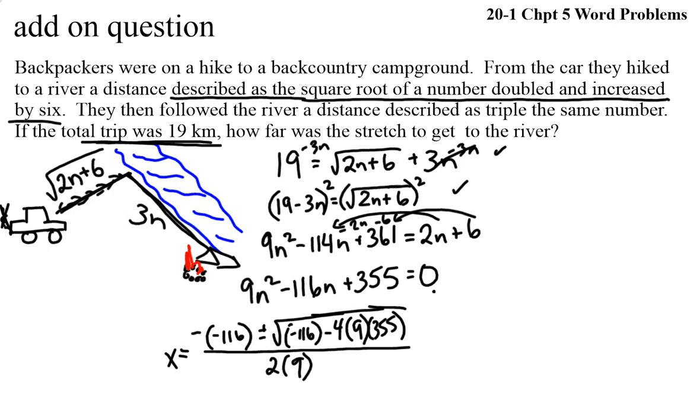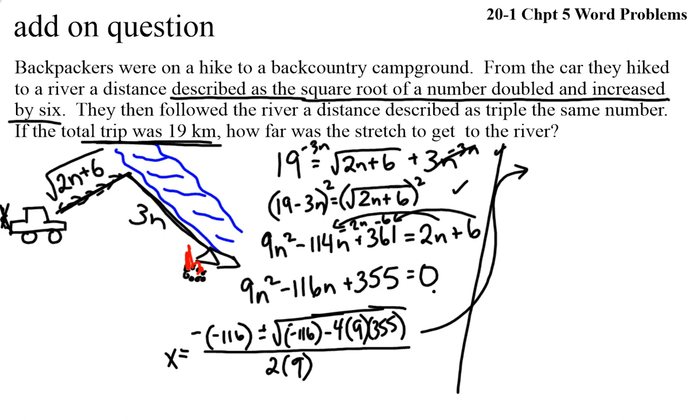So the quadratic formula is a nice way to solve it because of the size of the numbers. You have a calculator to support you. You could try factoring. I'm just going to deviate to the quadratic formula.